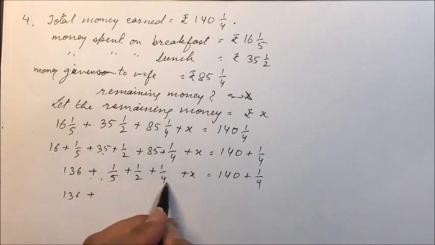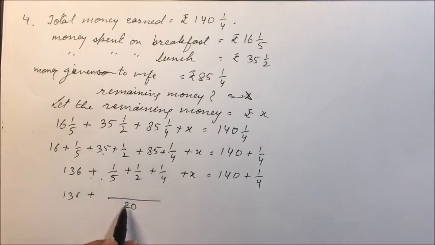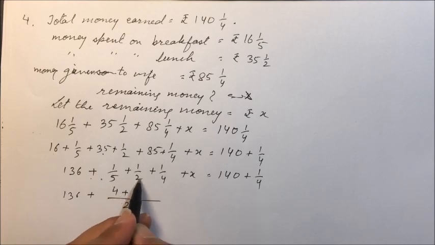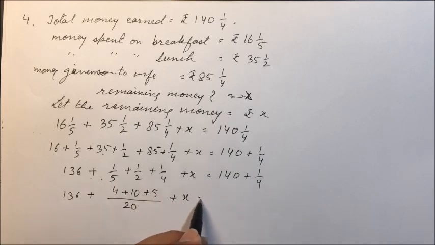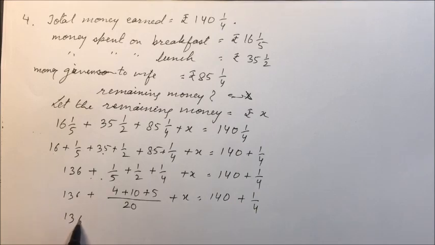136 plus, now take the LCM, it will be 20 LCM. 5 4s are 20, 2 10s are 20, 4 5s are 20, so here will be 4 plus 10 plus 5 plus X equal to 140 plus 1 by 4. 136 plus, it will be 19 upon 20 plus X equal to 140 plus 1 upon 4.